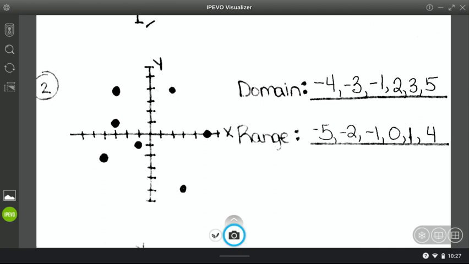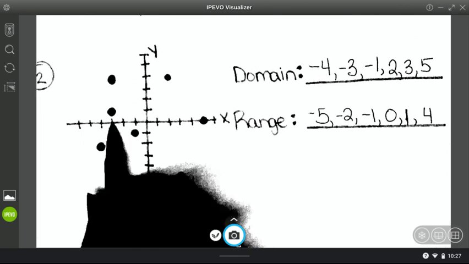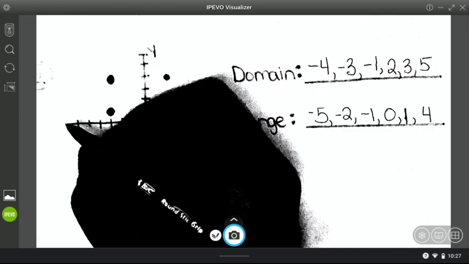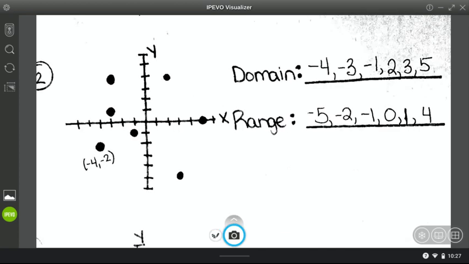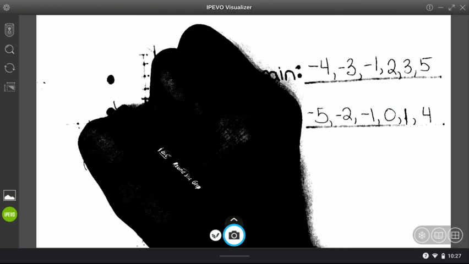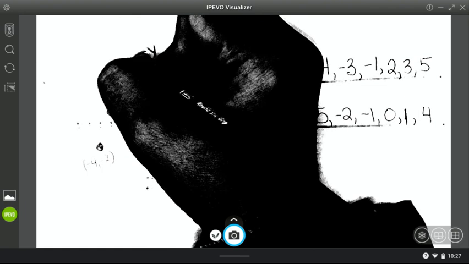Now, I do want to let you guys know, if you find looking at these graphs challenging, just list out the points. The coordinates for this point are -4, -2. It is totally okay to go through. This one is -3, 1. This one is -3, 4.